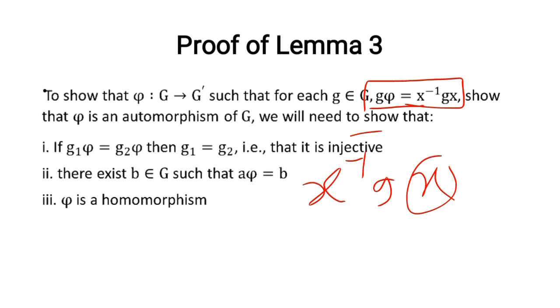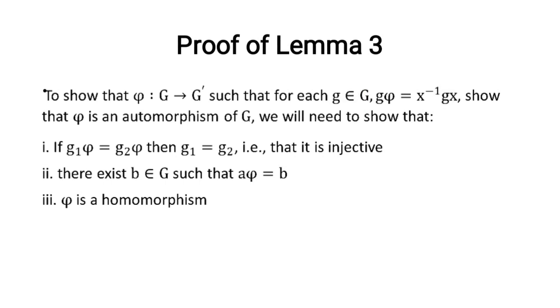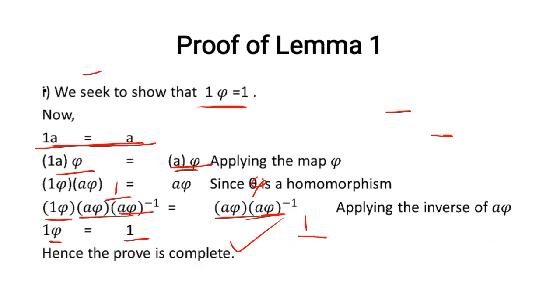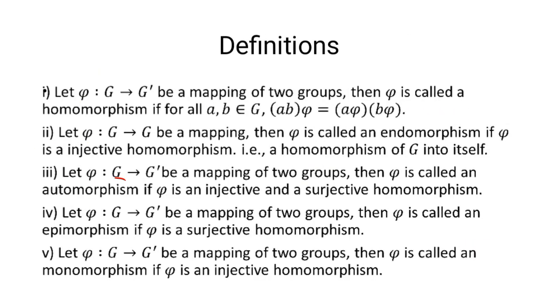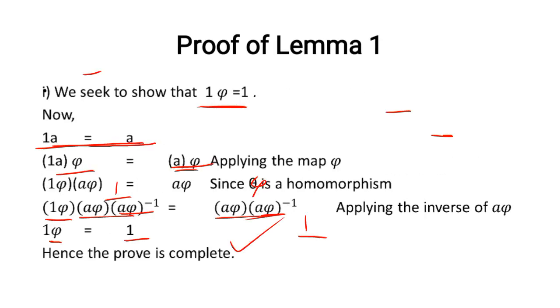So is this going to be an automorphism? By definition, what's an automorphism again? Let's check the definition of automorphism quickly. We say an automorphism is injective, surjective, and a homomorphism. So let's go back to our question.